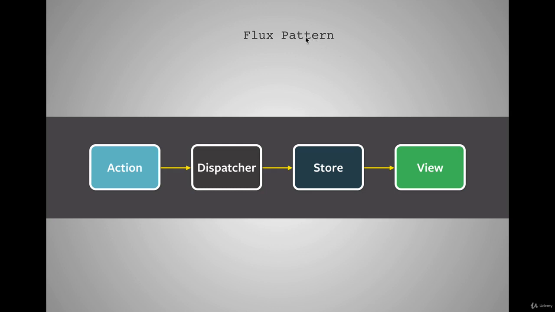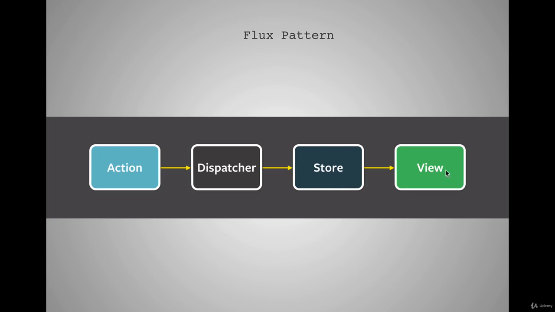And this flux pattern, which inspired the library Redux, has the idea of having an action and then a dispatcher that dispatches this action to the store, which is our state, which updates the view. And it's one-way data flow. Everything flows one way. If the view gets updated, we go back to the action, which again goes through the dispatcher that dispatches the change to the store and then to the view.